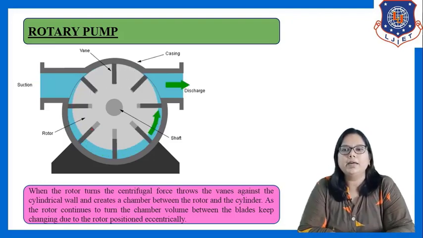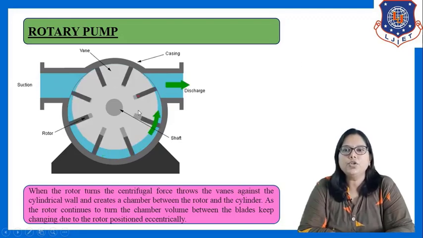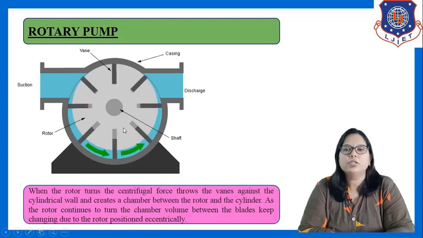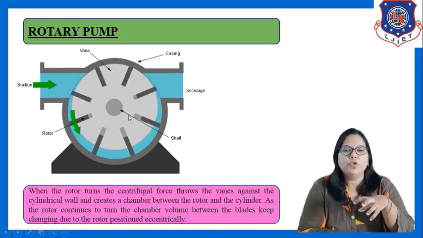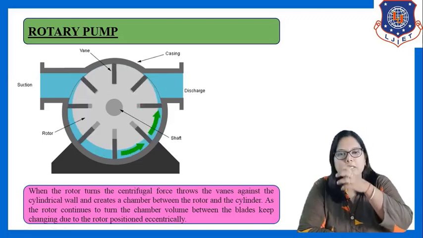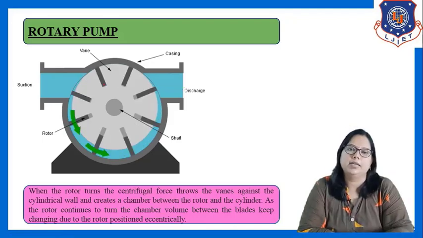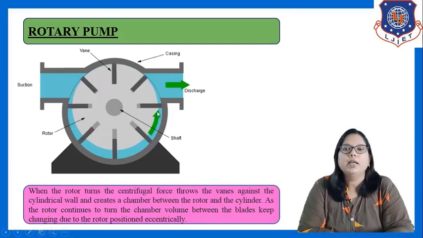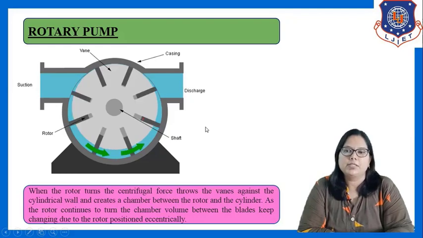The liquid enters from the suction line. Due to this centrifugal force, it forcefully transfers the liquid from the suction to the discharge line. And this way the rotary pump works.